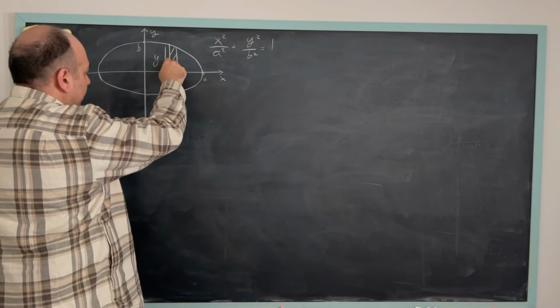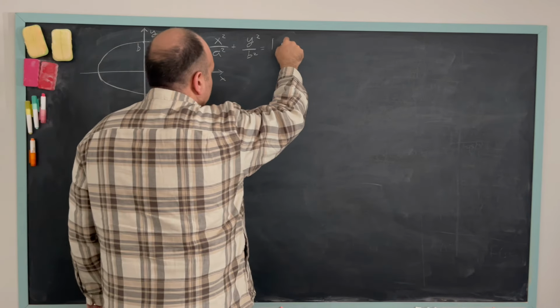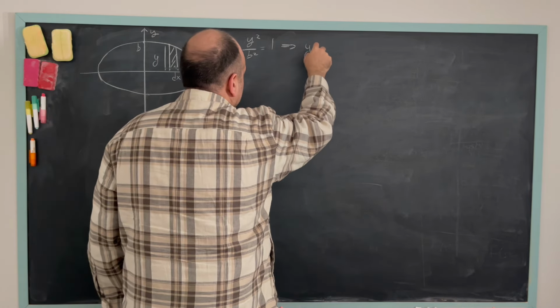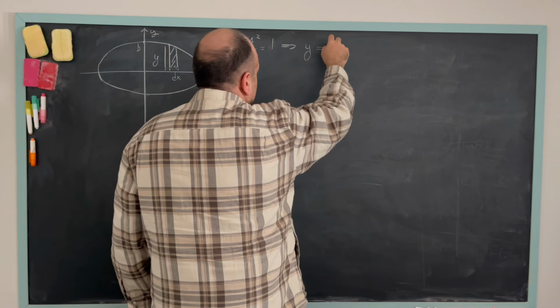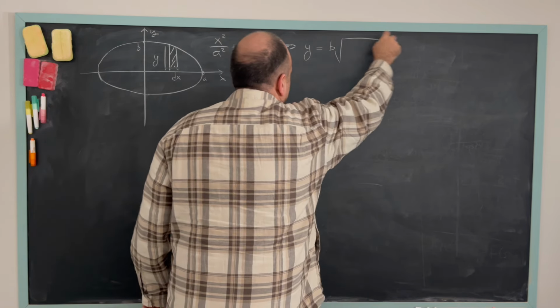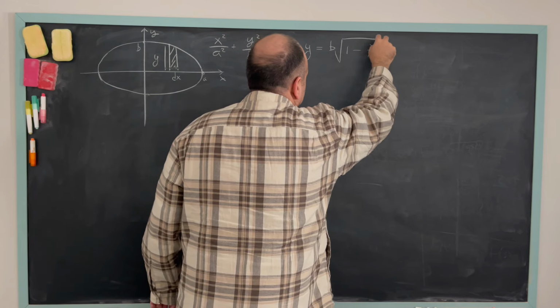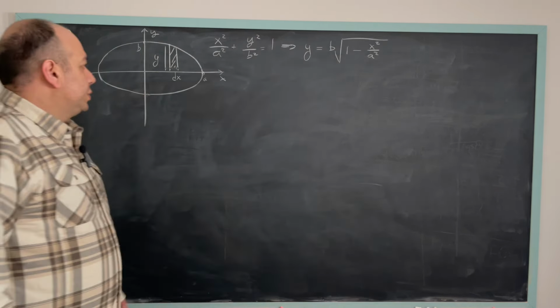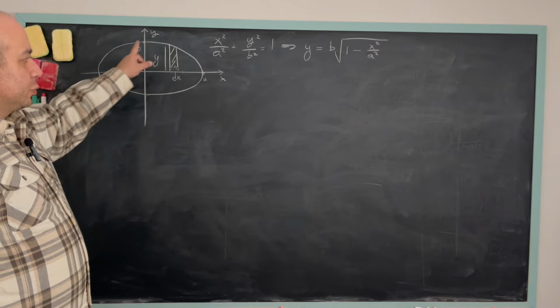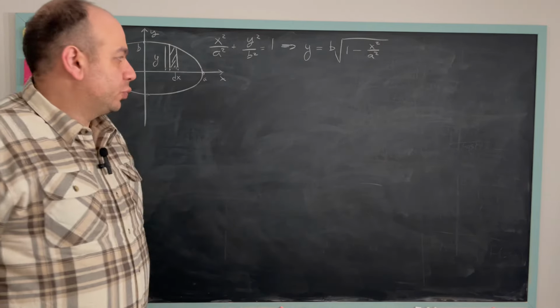Using this equation, I can write that y is equal to b times square root of 1 minus x squared over a squared, right? I assume y is positive in the first quadrant, so I'm just looking at the first quadrant here.